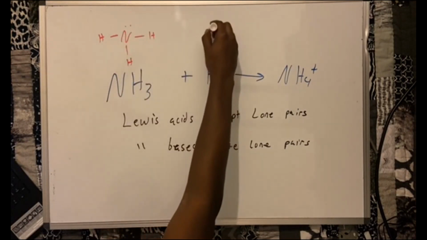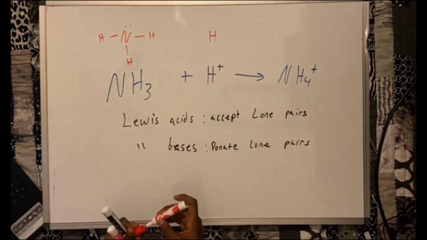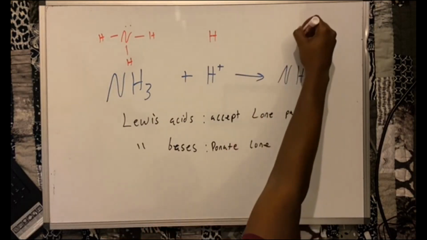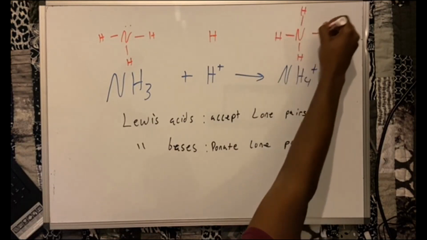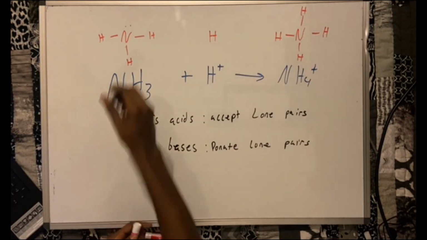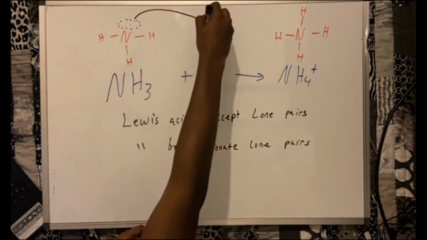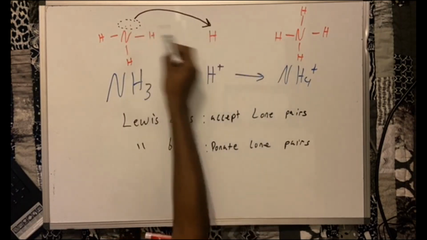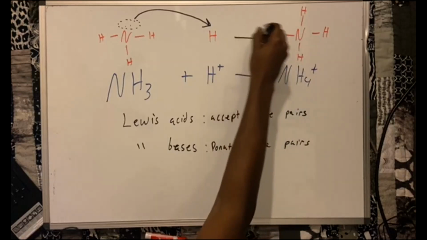And then H plus is just that. And then NH4, H, H, and then H. So you see my lone pair on my base right here is getting donated to this H. This NH3 is sharing its lone pair with H to make NH4. Everyone see that?